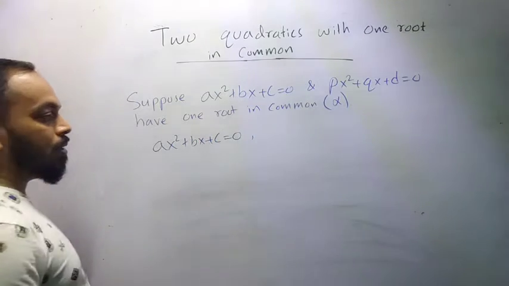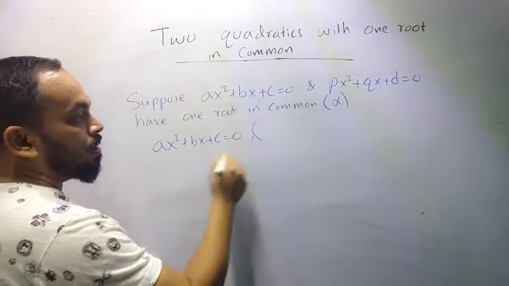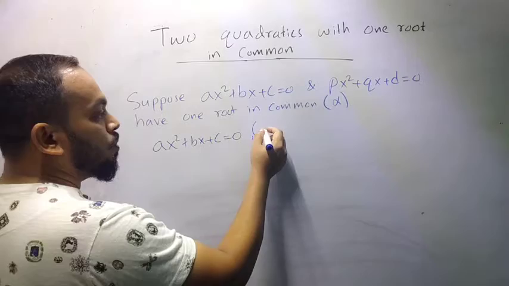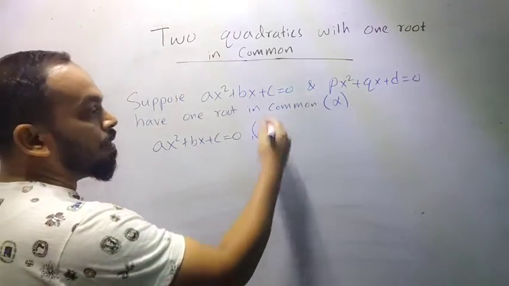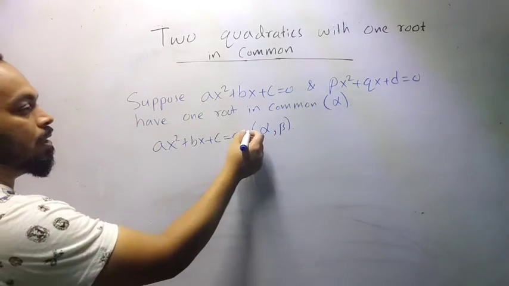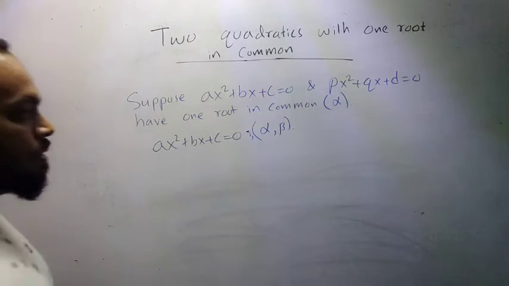If you take this quadratic equation, it has two roots in general. One is in common, and we state that the common root is alpha, so we put alpha there. And another one, let's call it beta. Alpha and beta would be the roots of this quadratic equation.